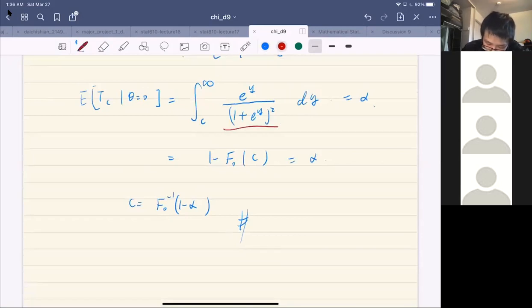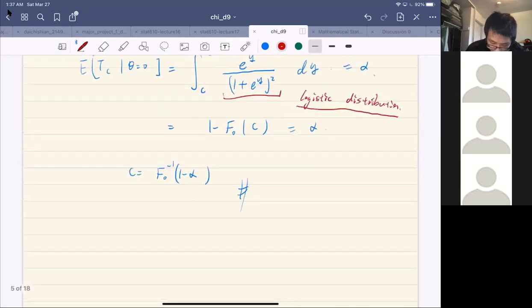And this is a logistic distribution. I forgot whether this is integrable or not, but the CDF is monotone, so you should be able to find the inverse.